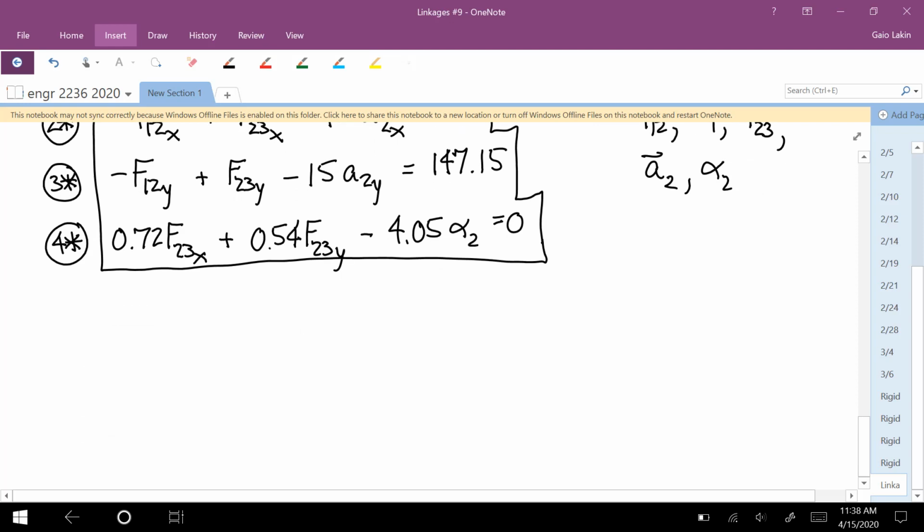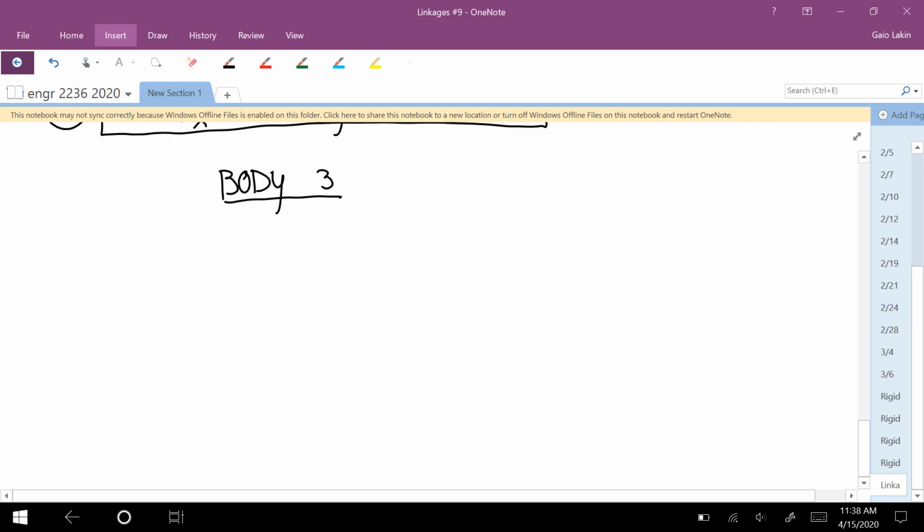And now we'll go to body 3. This one does have a fixed point. And the fixed point is the center of mass. So our I is about the center of mass.